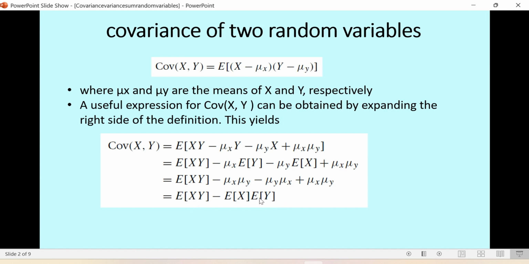This is also very much like the variance of X, which equals E[X squared] minus E[X] squared, right? Here, if X and Y are equal, the covariance of X and X equals the variance of X, which equals E[X squared] minus E[X] squared.